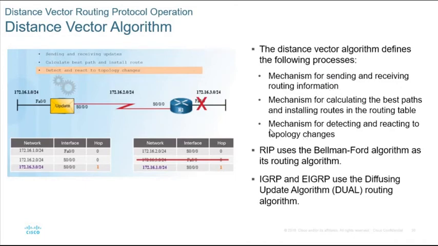Next, the third one is that it uses a mechanism for detecting and reacting to topology changes. So, for example, in this given topology you have how many networks? 1, 2, 3. These are 3 pre-configured networks. What if this network on the R2 link goes down? Part of the job of the distance vector algorithm is to detect first and then react to topology changes.